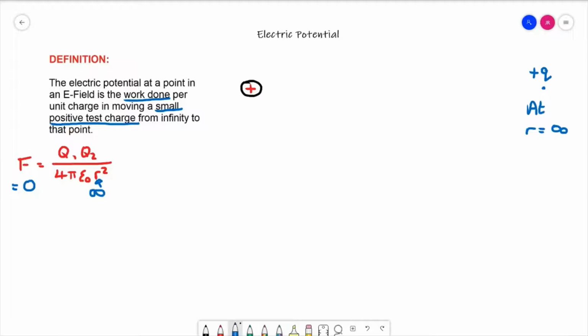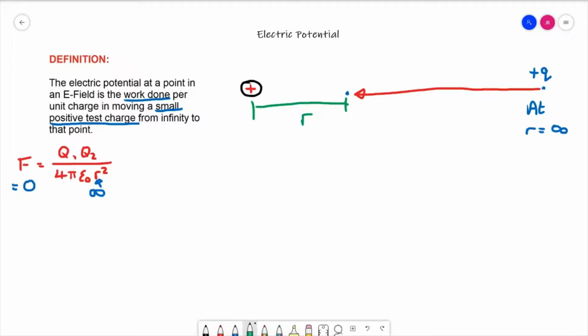What the definition of potential then says is that we're going to take that small positive test charge and move it from infinity into some other point that is not infinity, and there we should be able to measure what that distance r is.